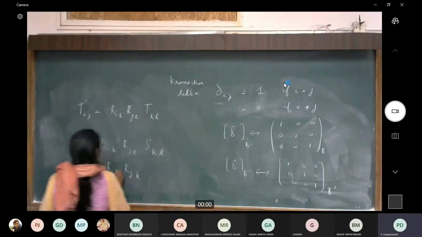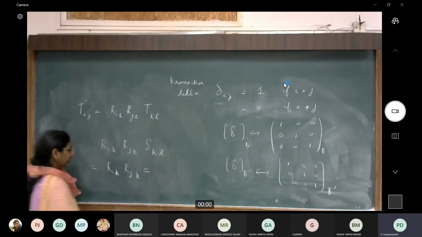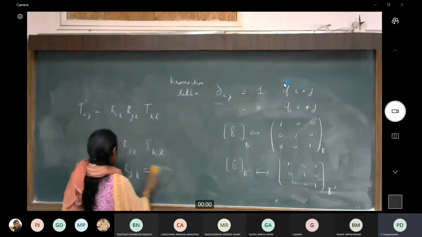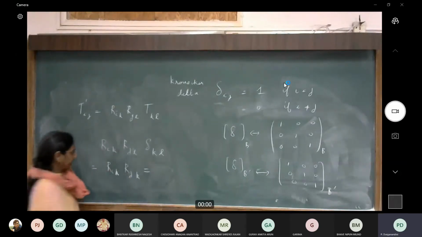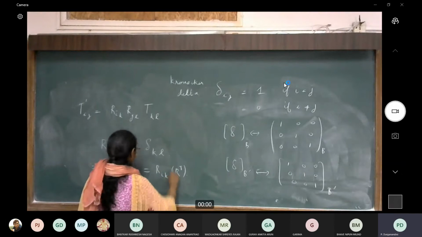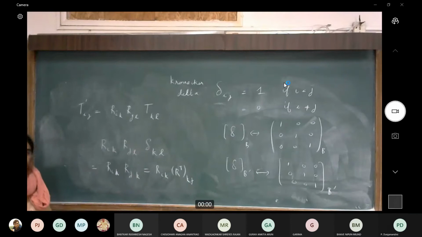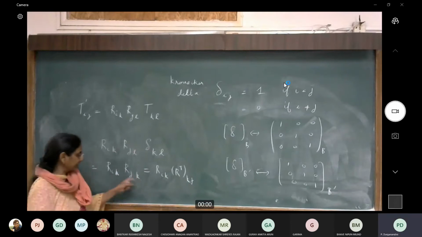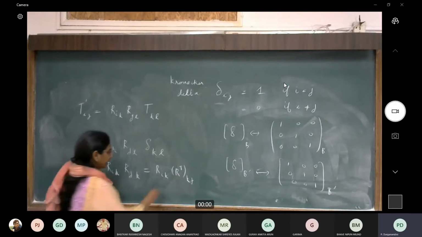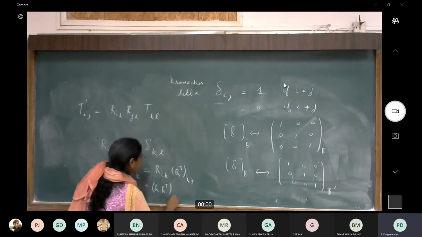But what is Rik into Rjk? I can write it as Rik into R transpose of kj, because the jk element of R is nothing but the kj-th element of R transpose. And if you look at its multiplication, this is the ij-th element of R R transpose.